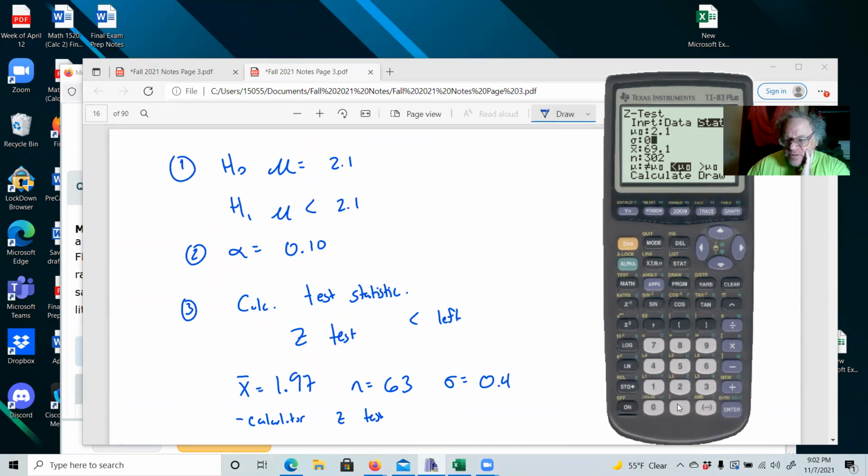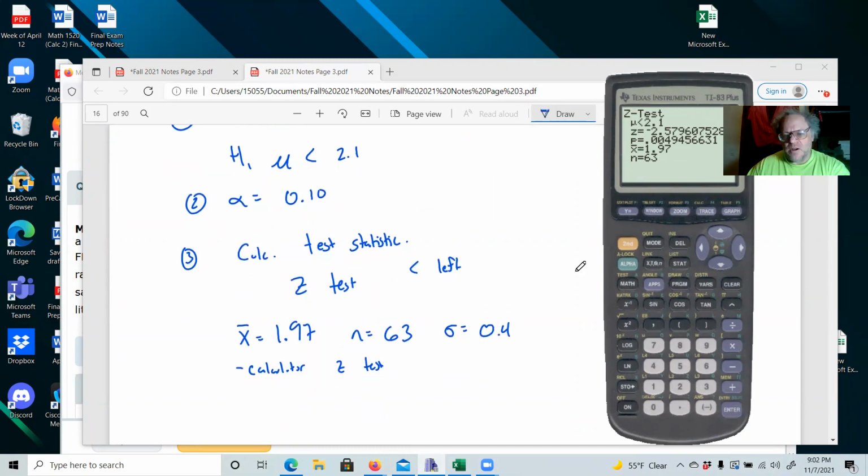Standard deviation was 0.4. Okay. X bar, the average that we have here, is 1.97. Okay. What N do we have here? We had 63. Okay. And I think we're good. We're looking at the left-hand side. Okay, and then we're just going to calculate.